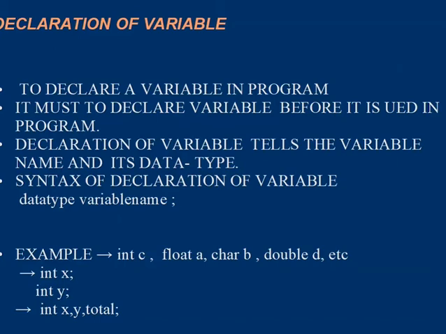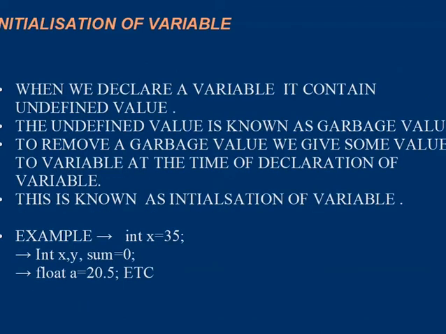Here we have declared int x; then in the next line int y. It is a way of declaring different variables on different lines, or you can declare these variables on one line also. That is int x, y, total. Here these three variables, total, x, y, are of int type. It is just a format. You can choose any one. Moving to the next, that is initialization of a variable.